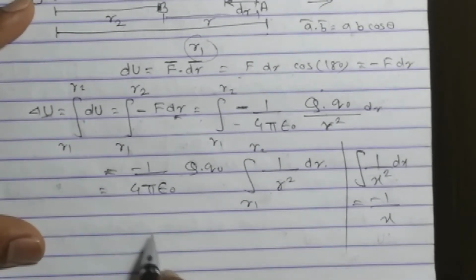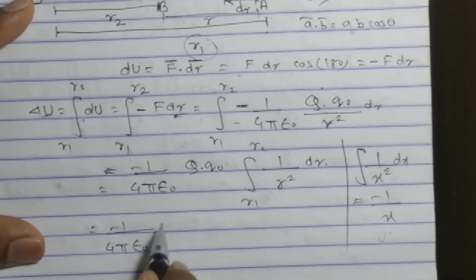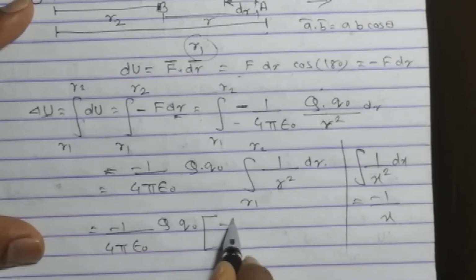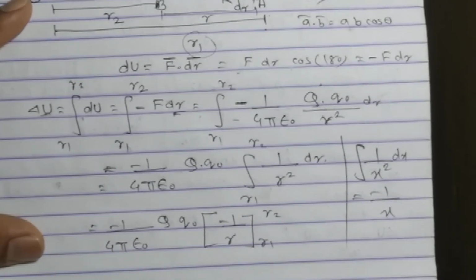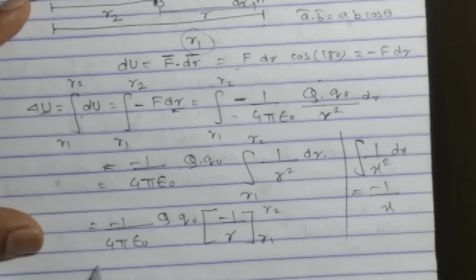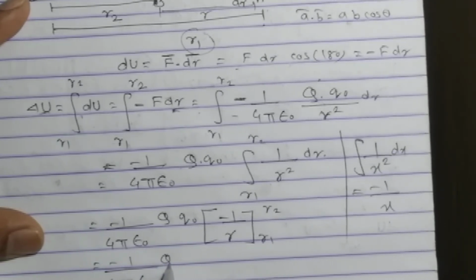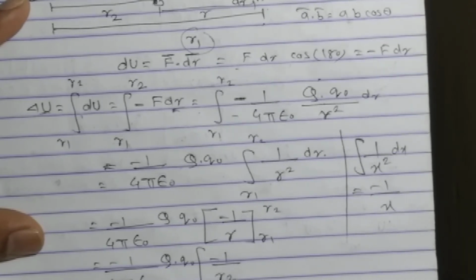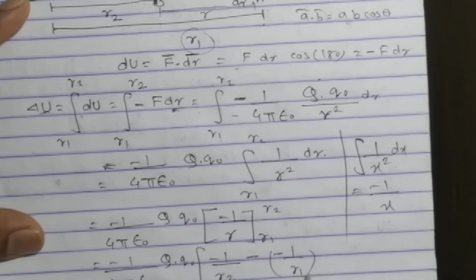So the answer is minus 1 upon r, from r1 to r2. Now you have to replace r by the upper limit and lower limit, by the definition of integration: minus 1 upon r2 minus of minus 1 upon r1.